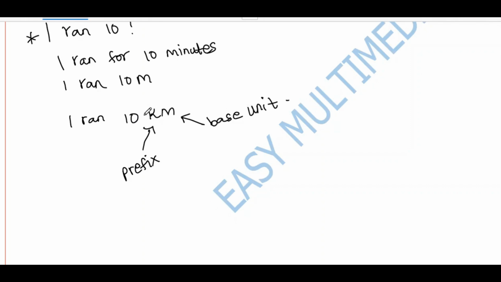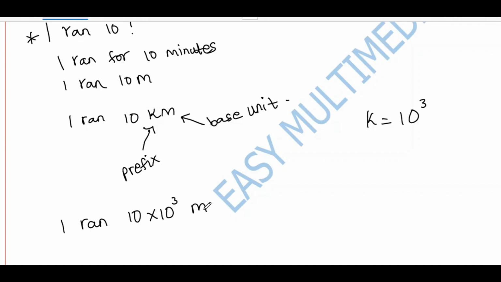Now, this one has a factor. For example, k has a factor of 10 raised to power 3. And now we can substitute this k here with its factor to have our new sentence: I ran 10, we are multiplying with k, which is times 10 power 3 meters.